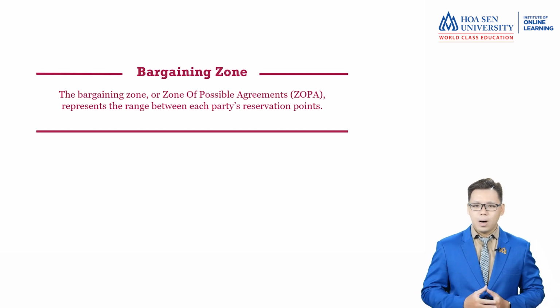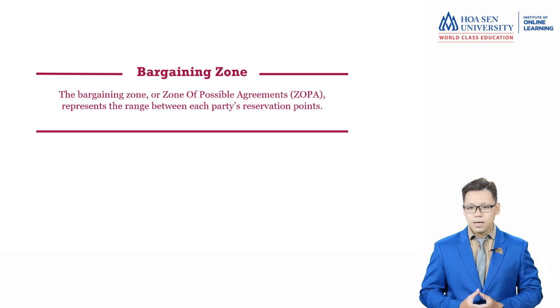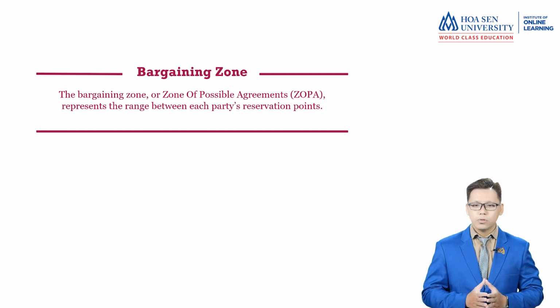It's bounded by the reservation points of both the buyer and the seller. The closer you are to the other party's reservation point, the more likely you are to reach an agreement that both sides will find acceptable.